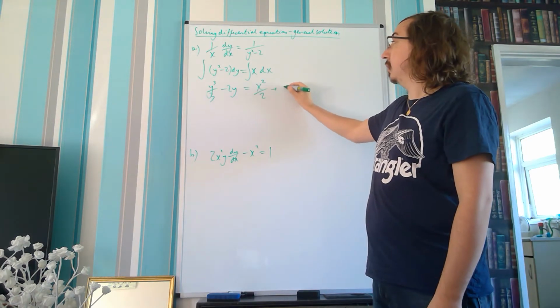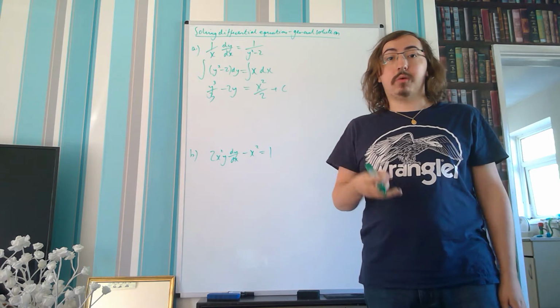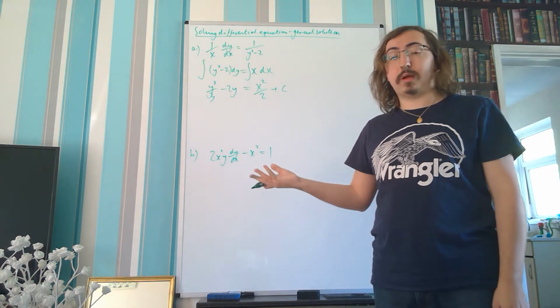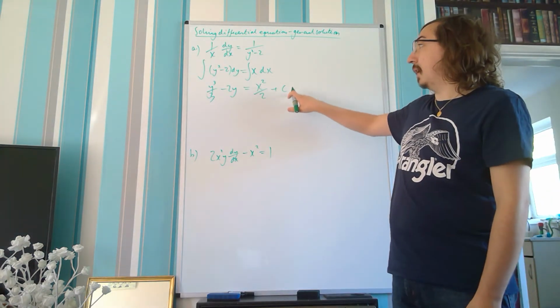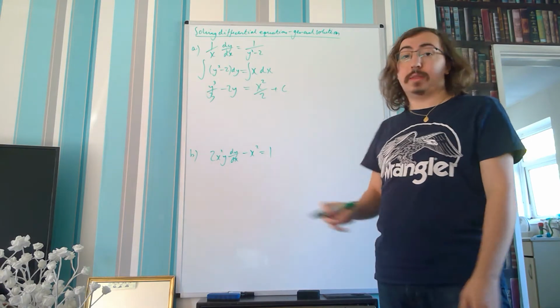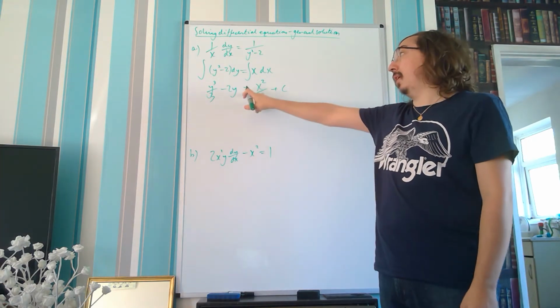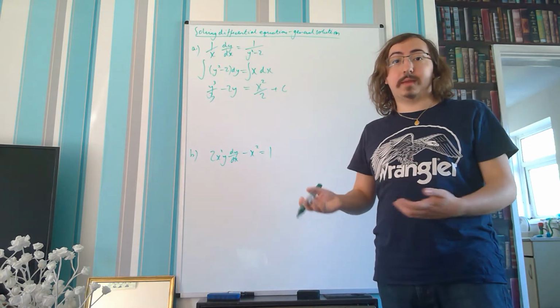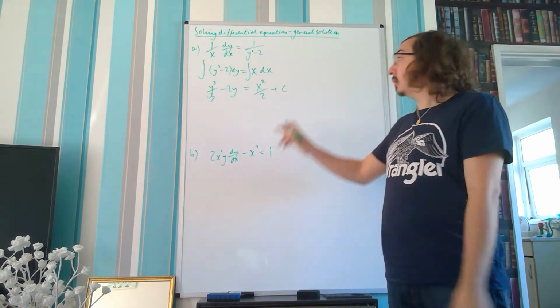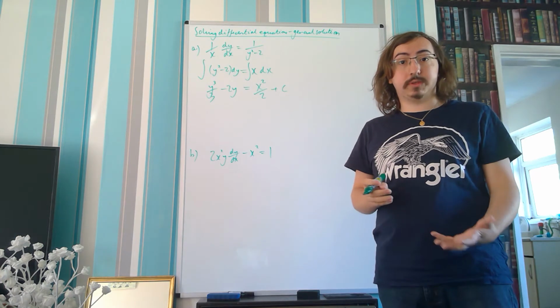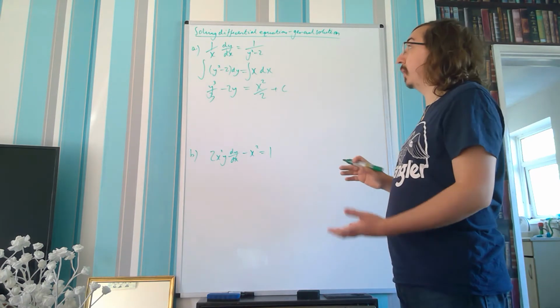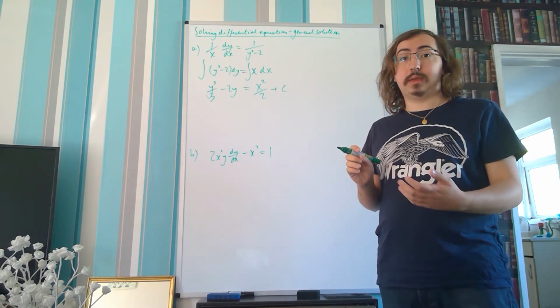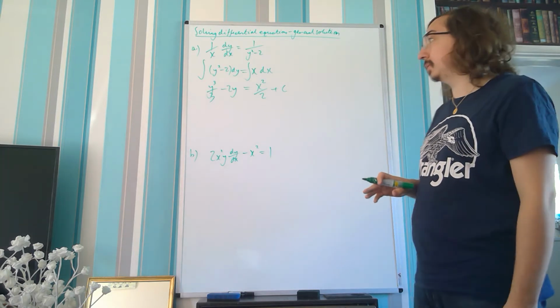We're fine to just put a plus c on one of the sides, typically the right-hand side, as that accounts for both this constant and this constant. For example, if that was 5 and 10, moving the 5 over, 10 minus 5, you'd be left with 5. So it accounts for both constants there. And this will play true as well when we look at the particular solutions later.